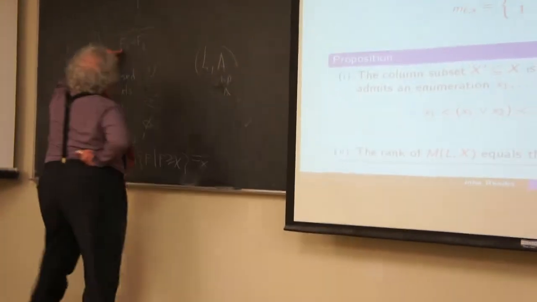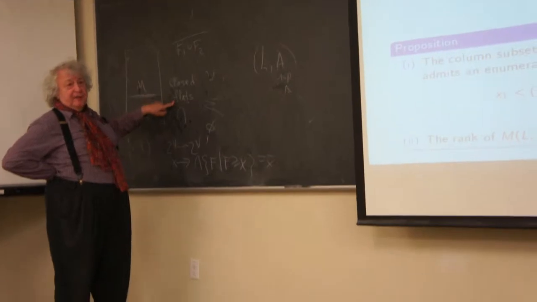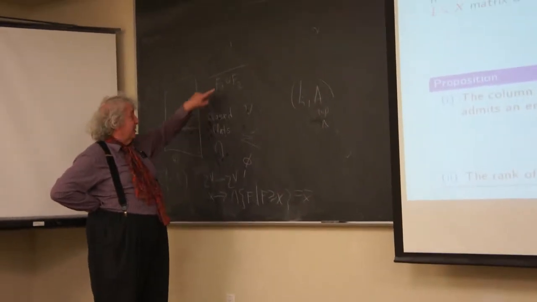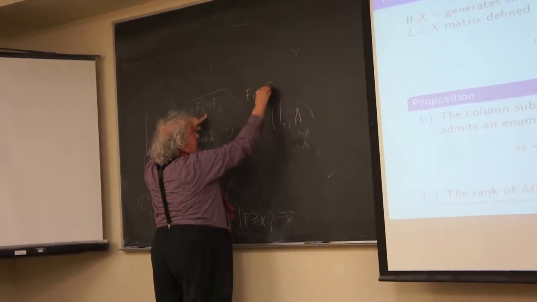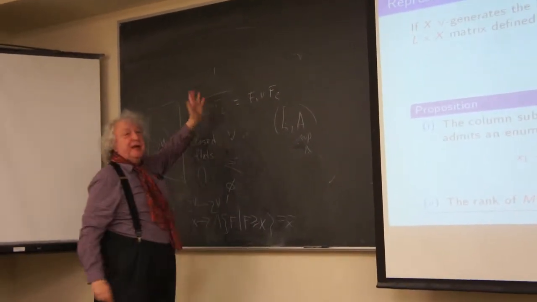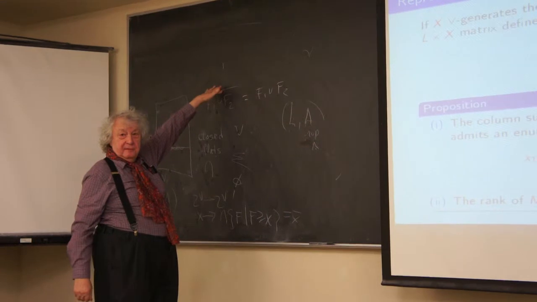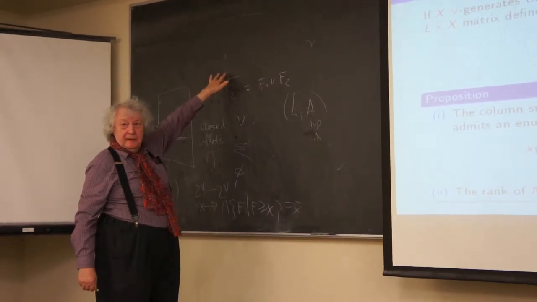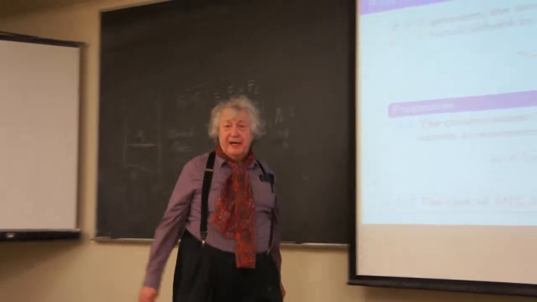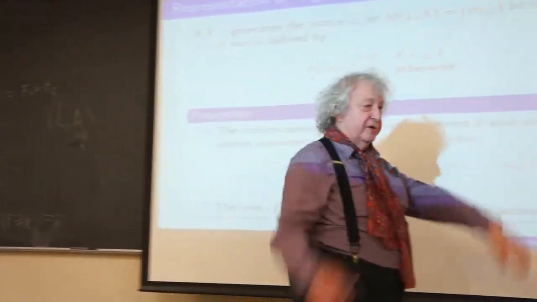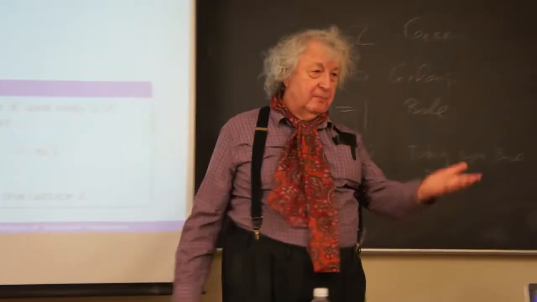And now the meet in this lattice is intersection, but the join is union and close. Got it? So the meet is what you think it is, but the join's not. You happy?